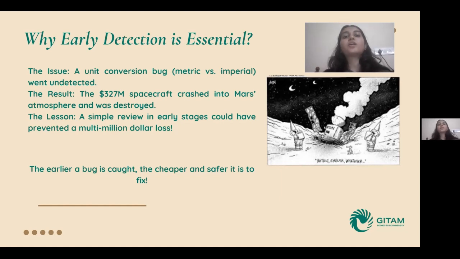One simple unit conversion bug, if this tiny conversion bug was detected early in the coding process, it could save millions of dollars. This is why the earlier the bug is caught, the cheaper and safer it is to fix.